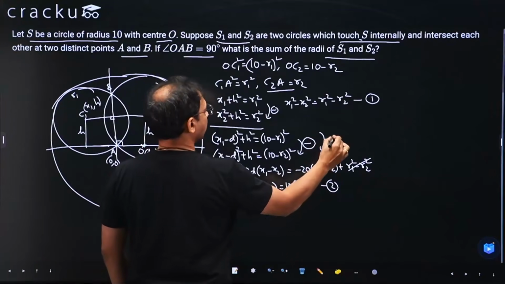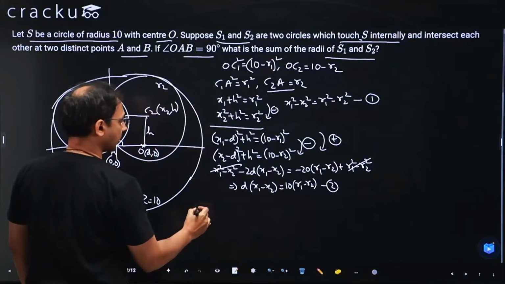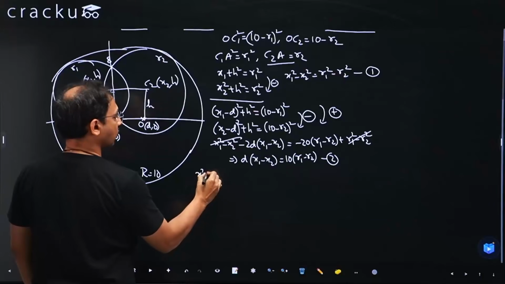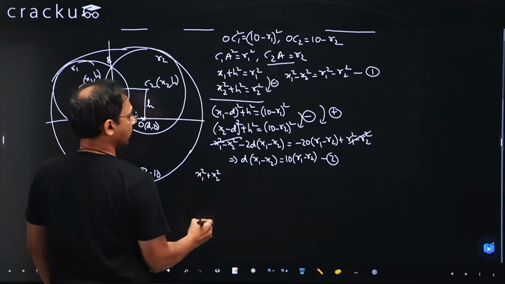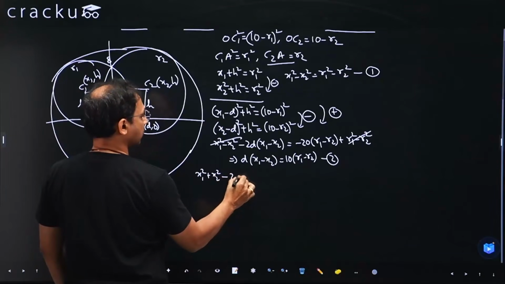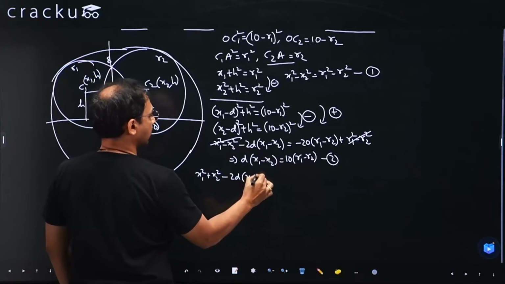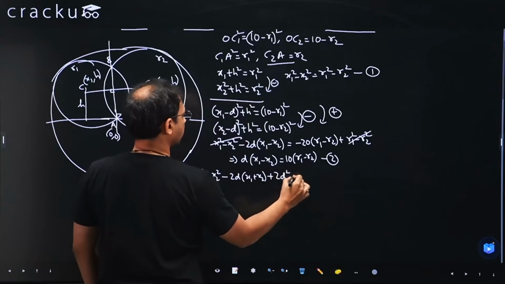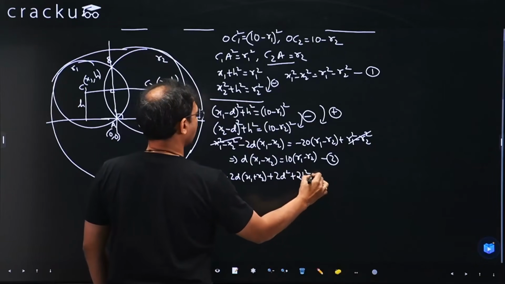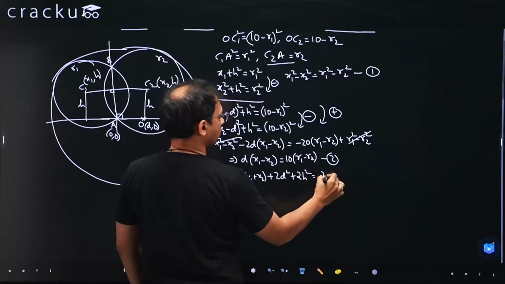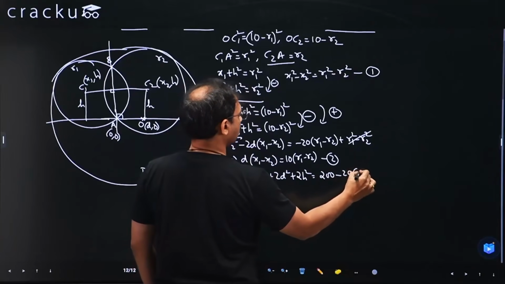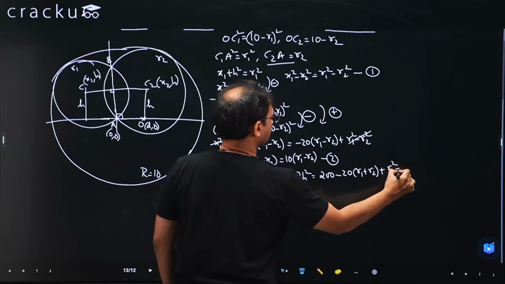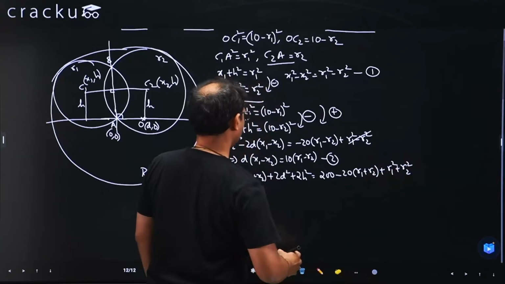Now add these two equations. What do we get? x1 square plus x2 square minus 2d into (x1 plus x2) plus 2d square plus 2h square is equal to 200 minus 20 into (R1 plus R2) plus R1 square plus R2 square.